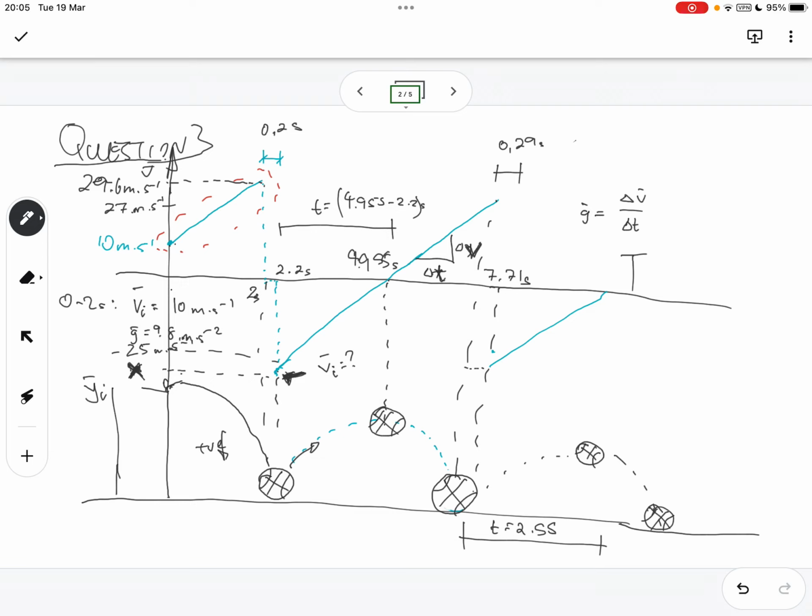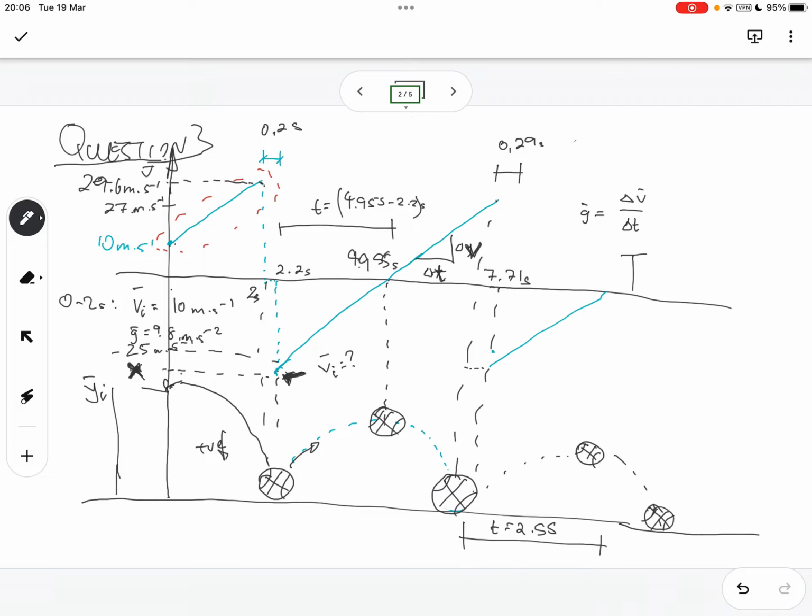So we're being asked to identify a couple of things. The first one is there's a certain velocity that the ball leaves with from the ground so that it can reach that height where it stops going up and then changes direction and falls back down. So that velocity is how much? We know that it's probably less than 29.6.